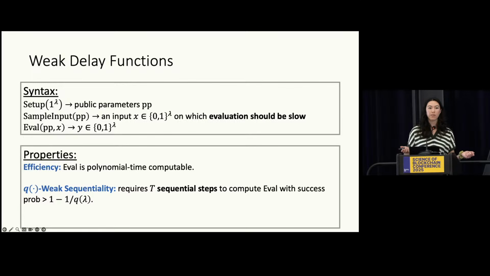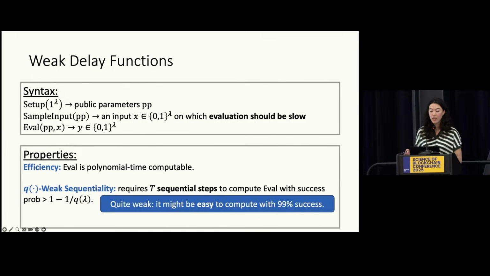In contrast, VDFs say it takes many sequential steps to compute eval with non-negligible probability. So here I'm just saying it might in fact be easy to compute the function with 99% success. This would still be a weak delay function. We only need that the attacker can't compute the function perfectly.